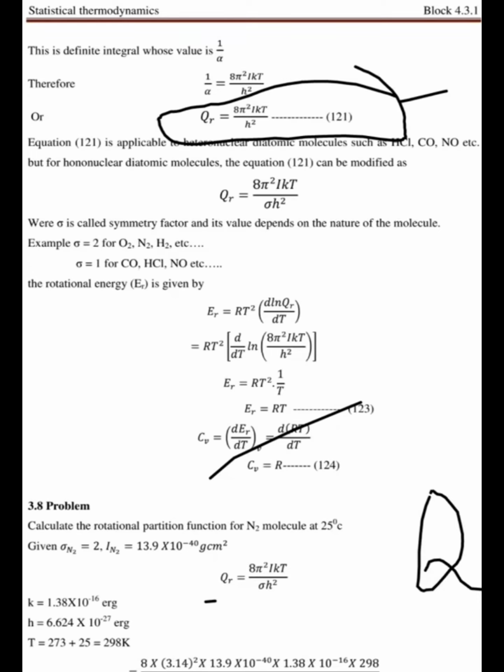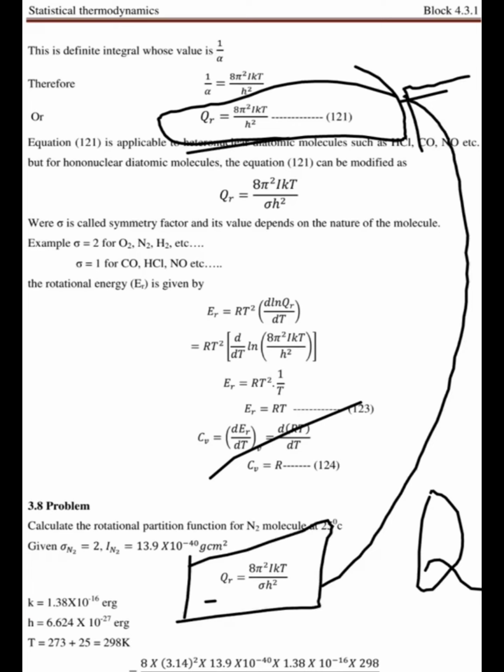It is derived from equation 121, taking sigma for N2 as 2, where N2 has 2 atoms, and 13.9 into 10 to the power of minus 4, where k is 1.38, and temperature is 273 plus 25, and h is 6.624 into 10 to the power of minus 27.